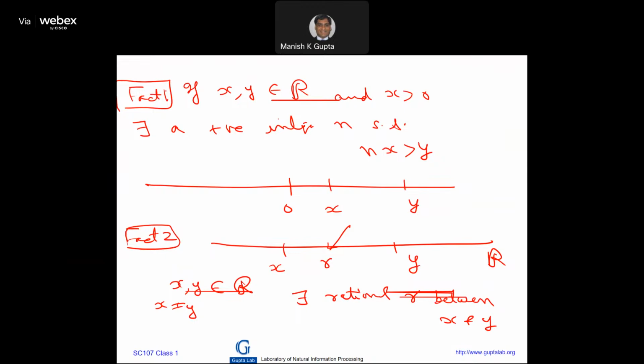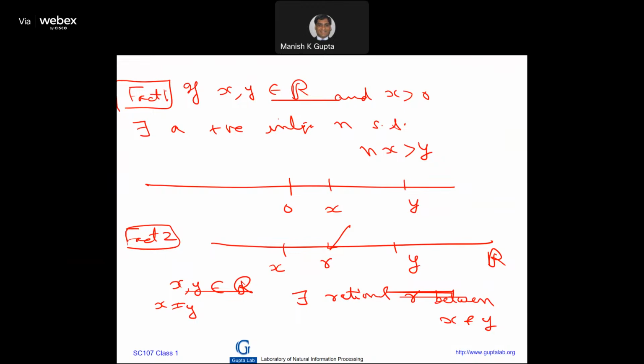Now these real numbers could be rational, irrational, whatever, I don't care. There is always a rational number in between them. This is density of rationals. This is the property of density of rationals. Between any two real numbers, there exists a rational number.